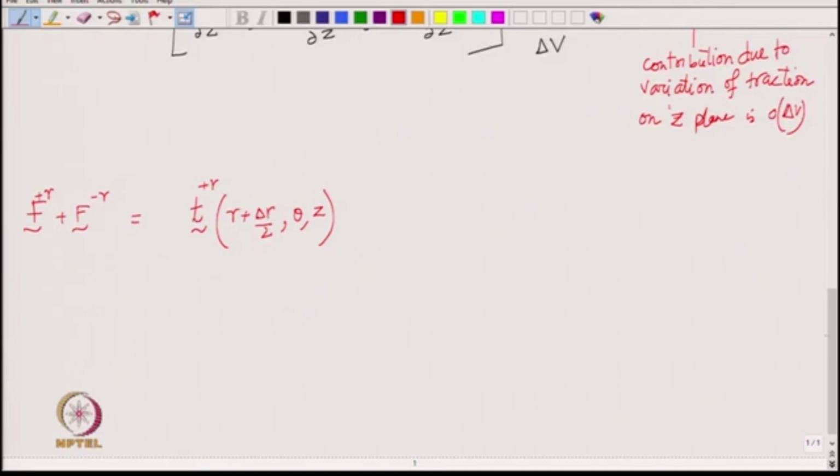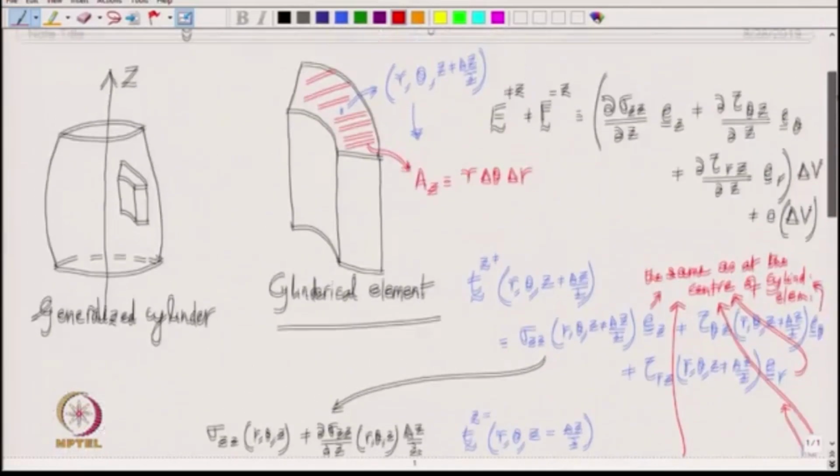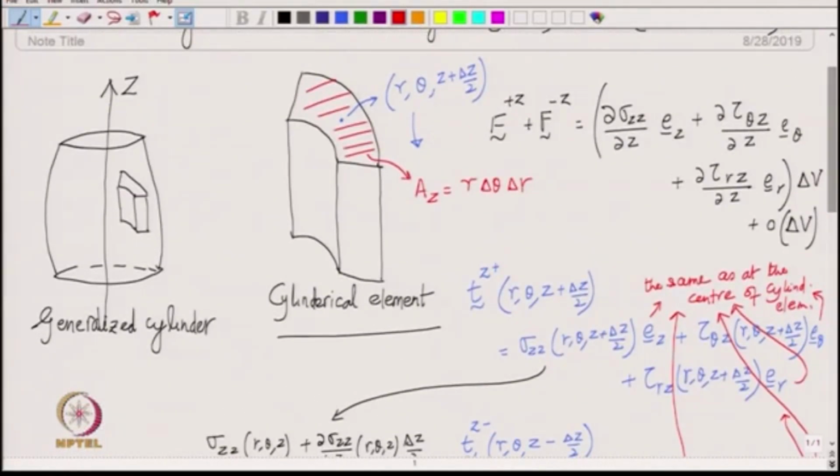Okay. Now, can you see what is the area of the r plane? So, look at this picture, the area of the negative r plane, for example, what would be this area?